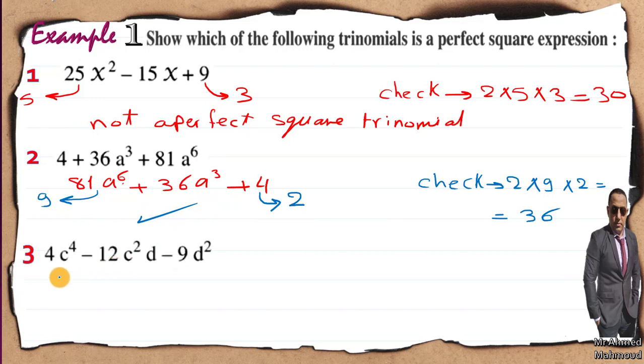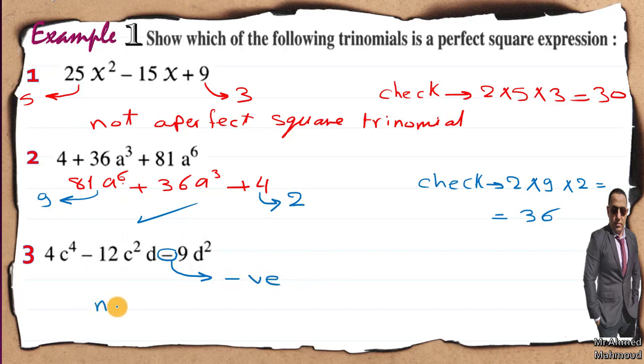Another one. Here 4c power of 4 minus 12c power of 2d minus 9d power of 2. First, by looking to the order, according to the powers of c: c power 4, c power of 2, c power 0. So the order is correct. But in the third one, I have a negative number.